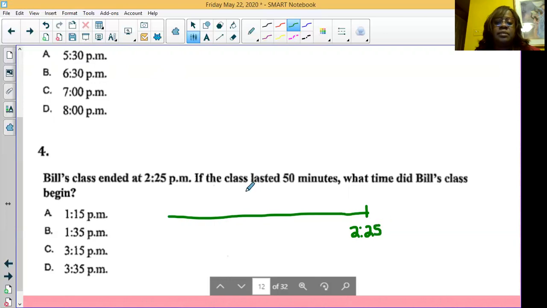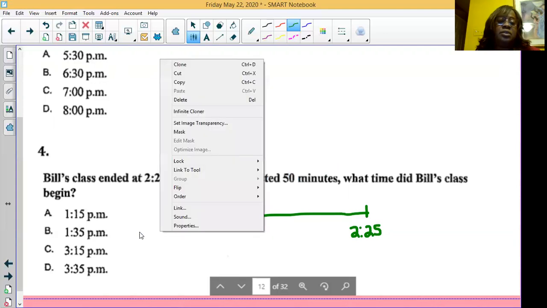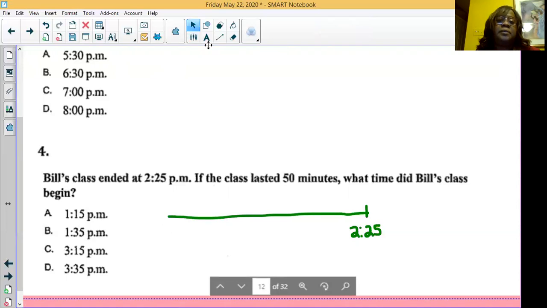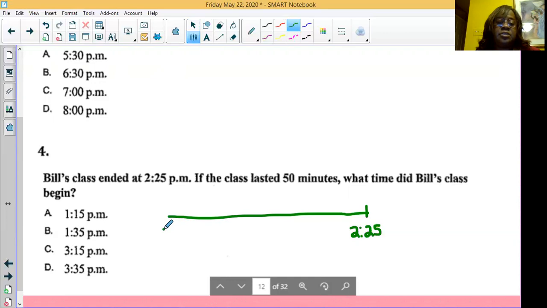Okay. The class lasted 50 minutes. What time did it begin? So this is what you have to figure out. You have to figure out the begin time. So that's your job right there. Figure this out. So you know 50 minutes go here, and you can break it up any way you want to.